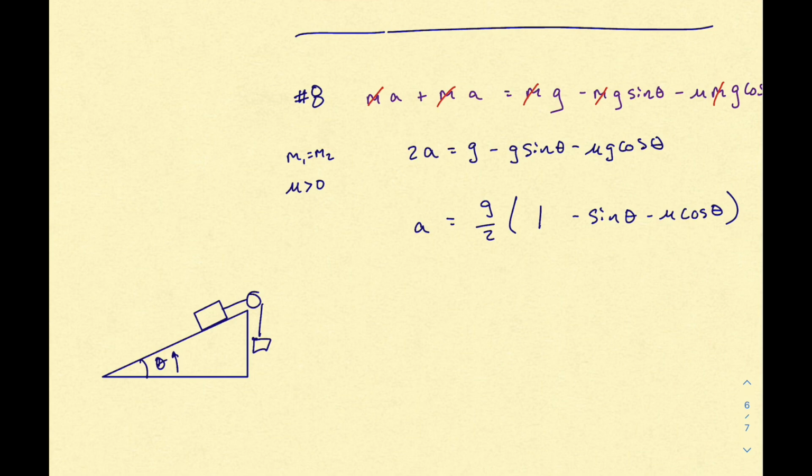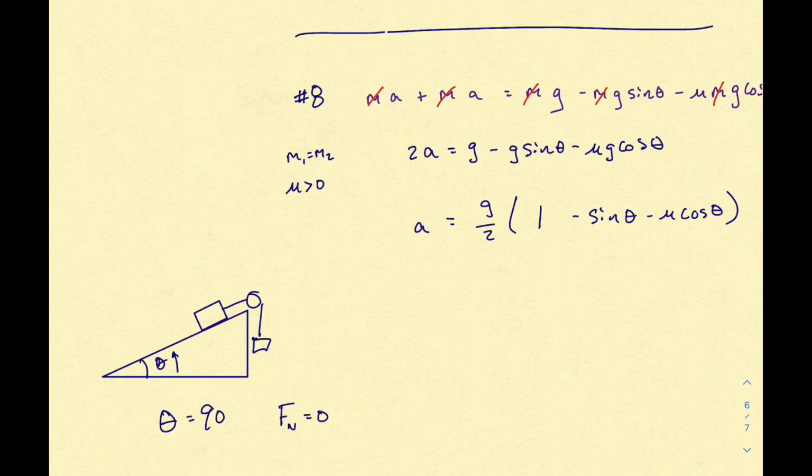If theta were to be equal to 90 degrees, what would that mean? Well, we know from looking at these situations before that as theta approaches 90 degrees, we would expect the normal force to approach 0.